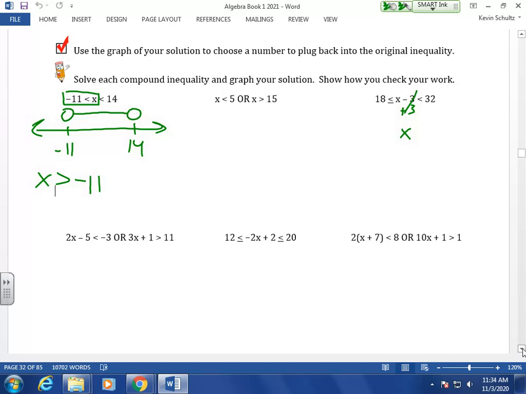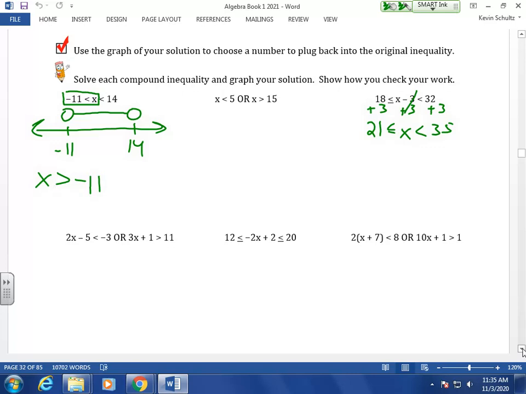But we also have to add 3 to both ends, both the 18 and the 32. So our range becomes 18 plus 3, which is 21. Okay. 21 is less than or equal to x, which is less than 32 plus 3, which is 35.